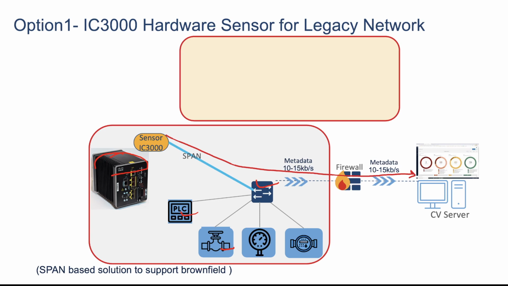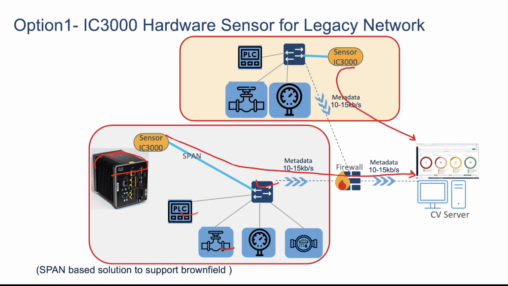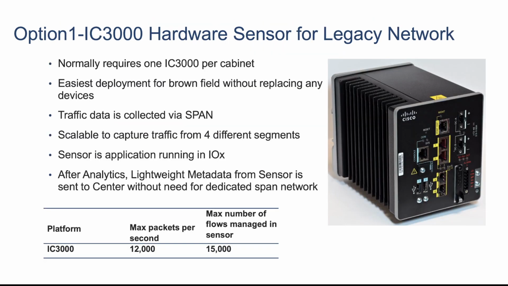If we have multiple zones, then we can have multiple IC3000s placed in each of the zones, capturing the traffic. As a best practice, we will require one IC3000 per cabinet. This is normally for brownfield. This is the easiest way to deploy in any brownfield without replacing any single device. Traffic is collected via span, and it can capture up to 4 interfaces.